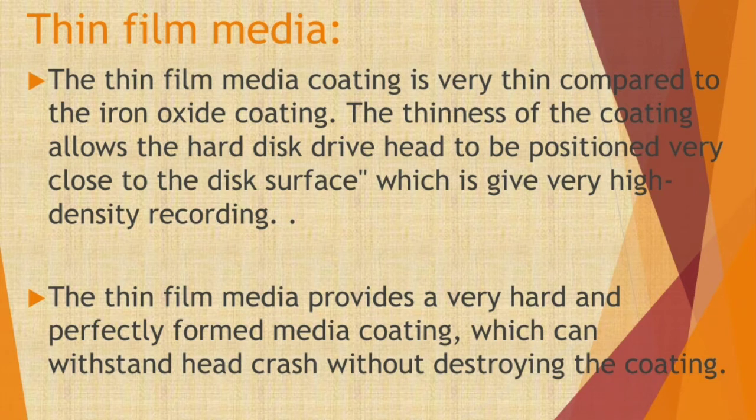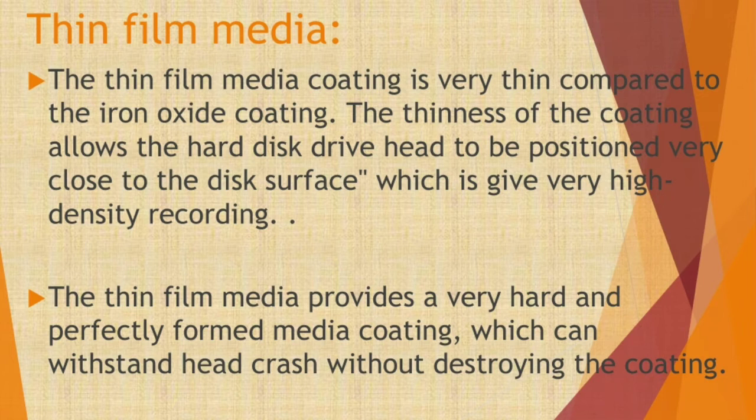The thin film media coating is very thin compared to the iron oxide coating. The thinness of the coating allows the hard disk drive head to be positioned very close to the disk surface, which is a very high density coating.